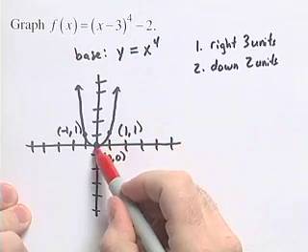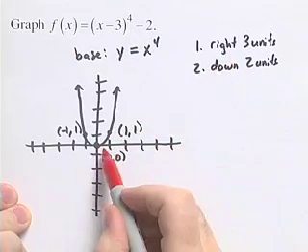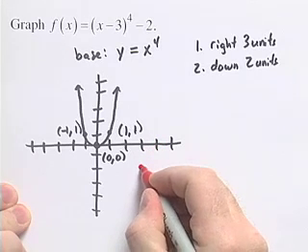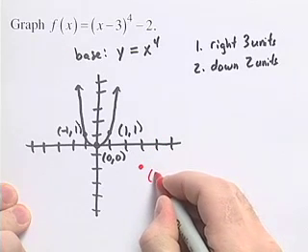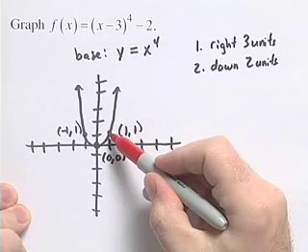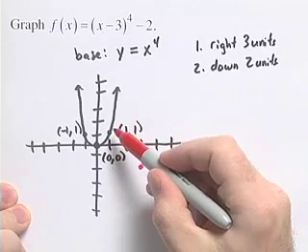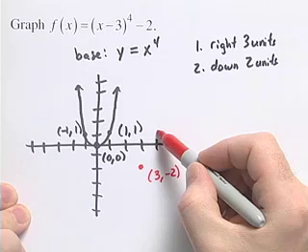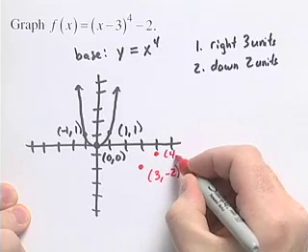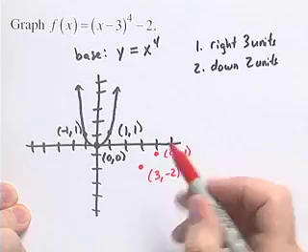So we'll start with the origin, 0, 0. If we go right 3 units, 1, 2, 3, down 2 units, then we're at the point 3, negative 2. Take the point 1, 1, we go right 3 units, 1, 2, 3, down 2 units, and we're at the point 4, negative 1.